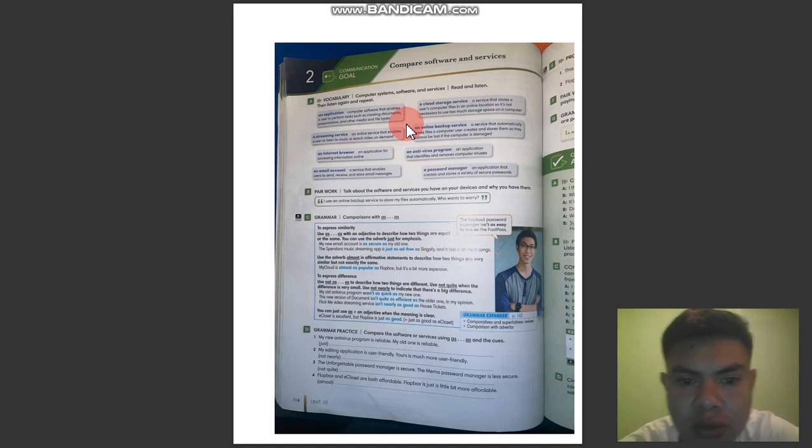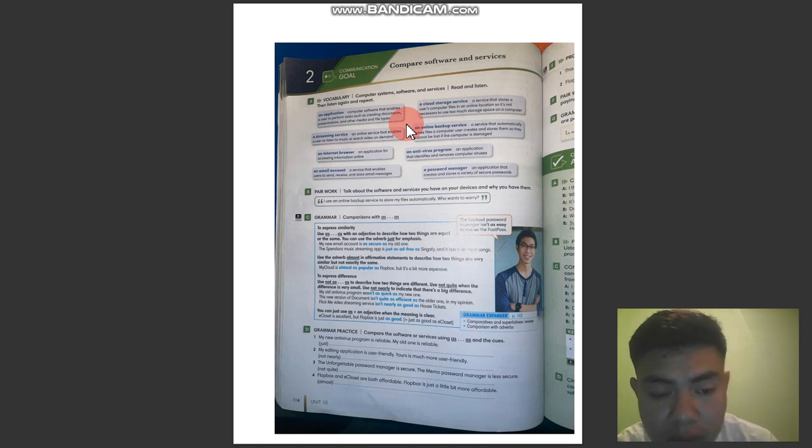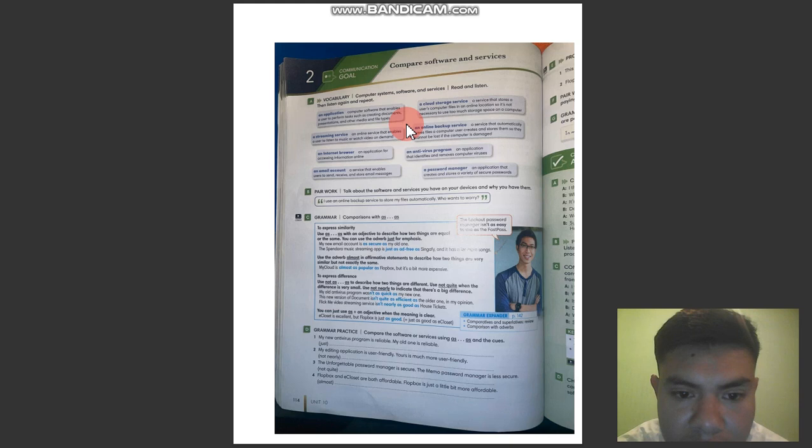You can use the adverb just for emphasis. For example, number one, my new email account is as secure as my old one. Another example is the Spendora music streaming app is just as ad-free as Singlefee and has the best of the songs.